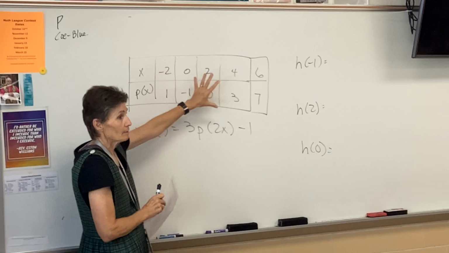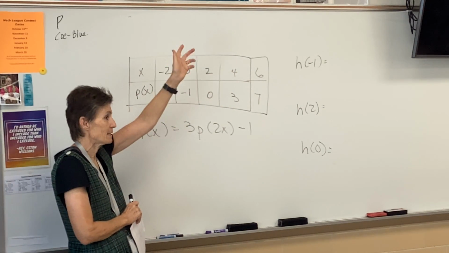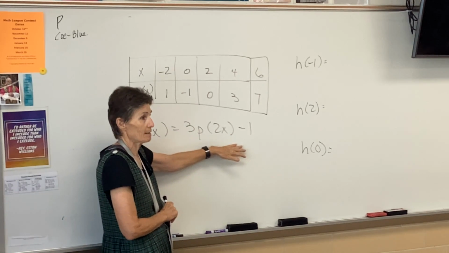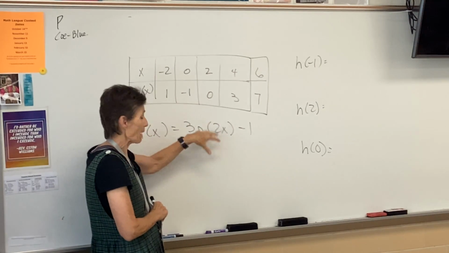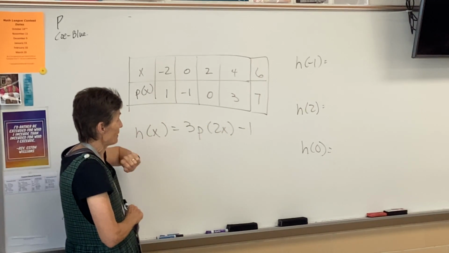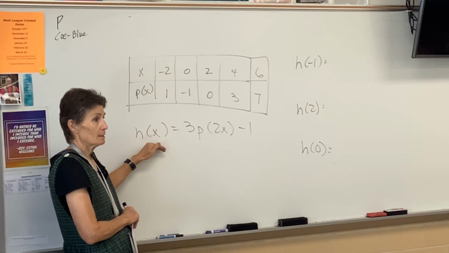This table is a value for function p, whatever function p is. H is a transformation of p. So you know what's happening to p. Now you gotta somehow figure out what's happening to h.